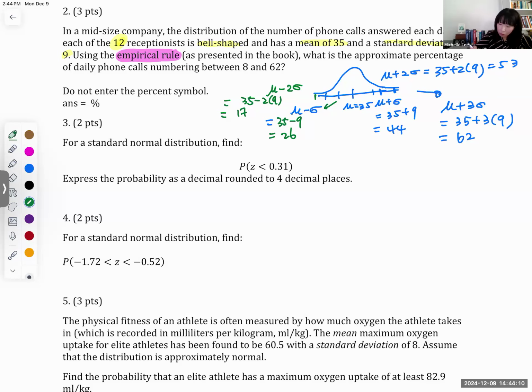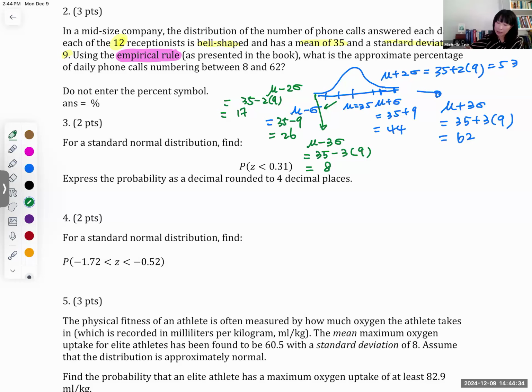So what about here? Mu minus 3 times sigma. So 35 minus 3 times 9. 8. Thank you very much. Okay, we found 8 and 62, which is within 3 standard deviations.